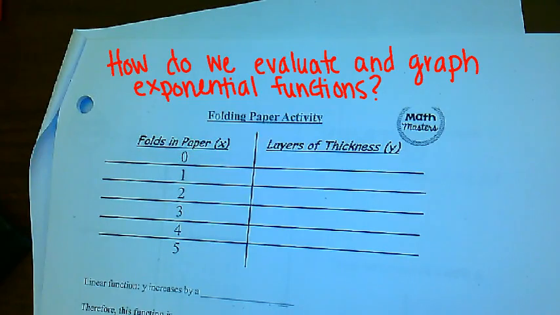What I'm going to do is actually fold it. A piece of paper, the layer of thickness, we're going to say it starts off as 1. Then I'm going to fold it once. If I fold it once, that means it's 2 layers of thickness now.